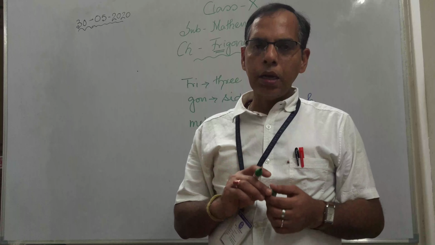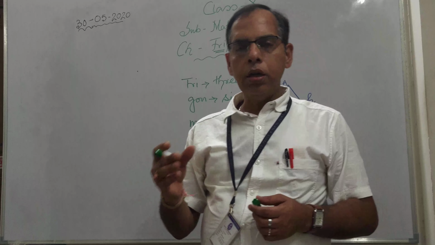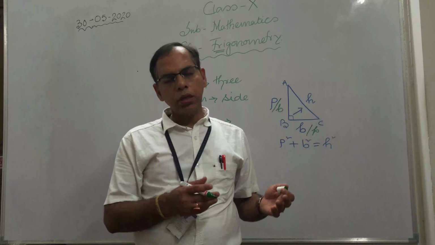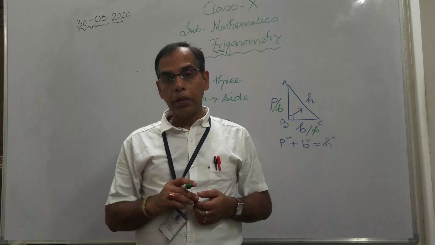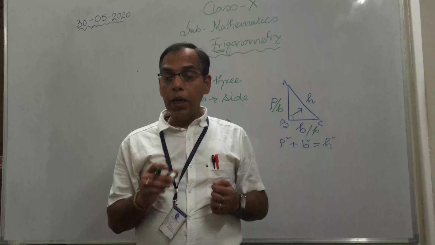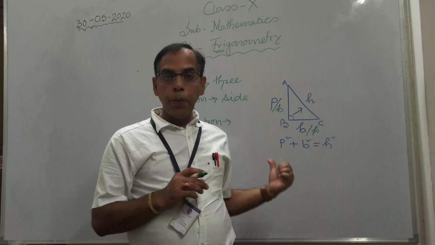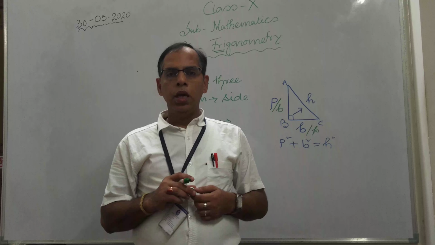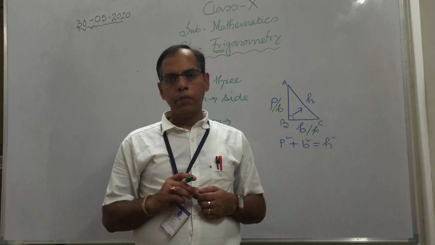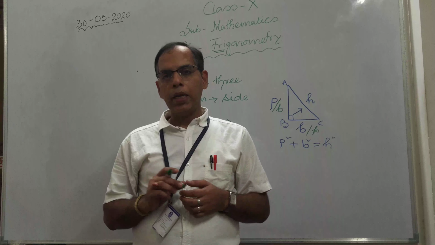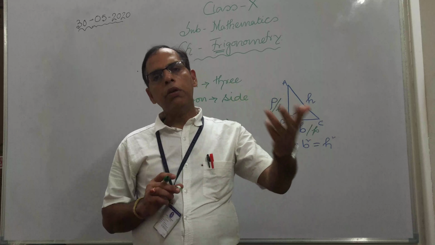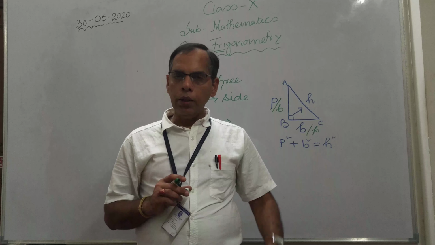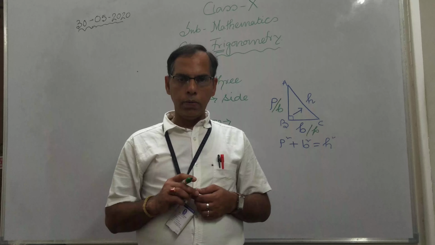Then how to measure? Till now you have come to know that if two sides are given, the third side you calculate by Pythagoras theorem. But here, by this application of trigonometry, if one side is given and one angle is given apart from the right angle, then automatically you can find out all the other sides and angles as well.